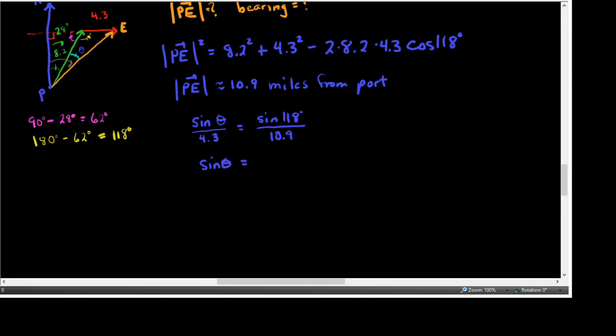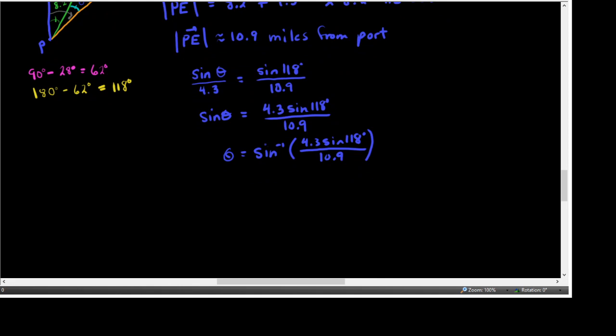So to solve for sine theta, I'm going to multiply both sides by 4.3. Then to solve for theta, I'm going to take sine inverse of both sides. And this is the calculator ready form. Make sure that you use your stored number for 10.9. Do not type 10.9 in again, because that's not quite right. It's a rounded value.